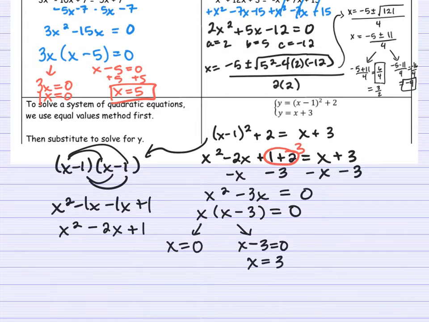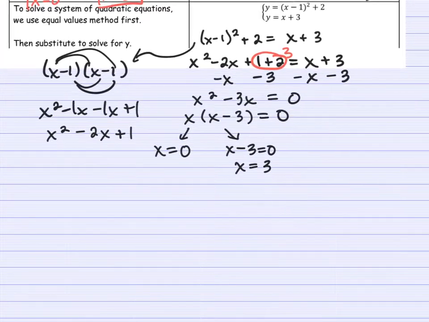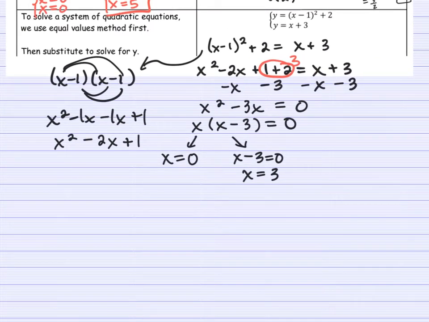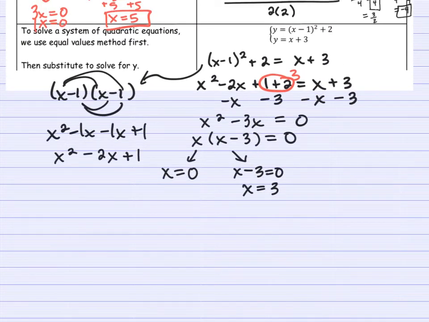Once I have my x values, and move this again, I need to find y. So if I look at my equations up here, easiest to do that with x plus 3. I could use this one. I'm not gonna, though, mostly because this video is forever long already. So I have y equals x plus 3.